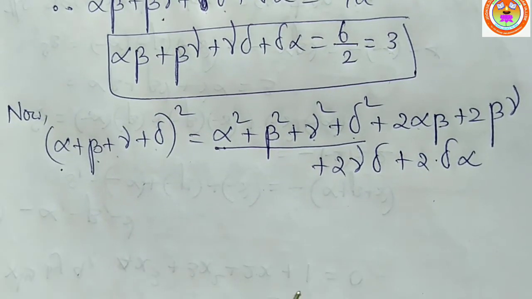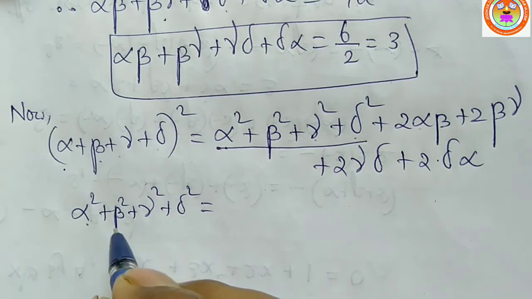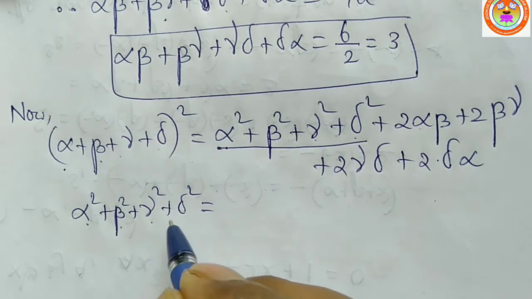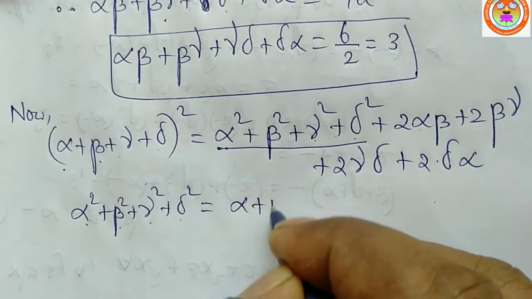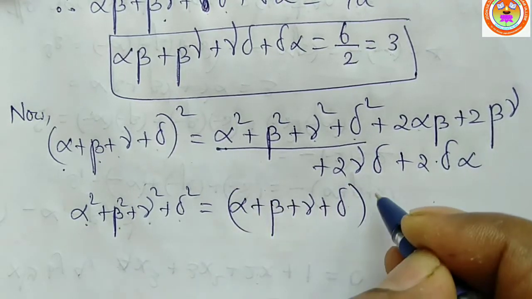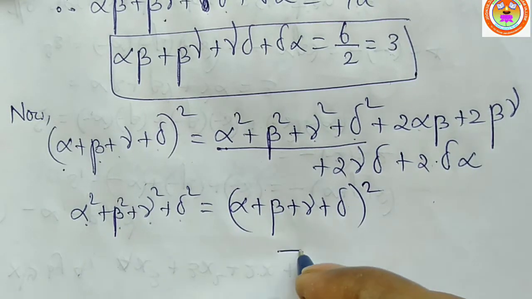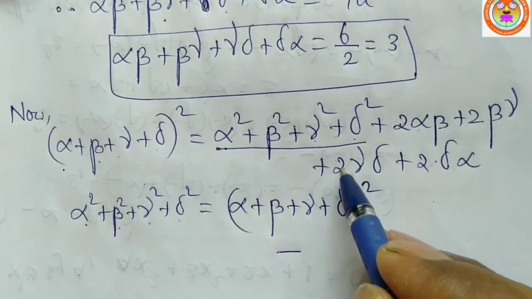So, if you are simplifying the terms, we get alpha square plus beta square plus gamma square plus delta square is equal to alpha plus beta plus gamma plus delta the whole square. Take these 3 terms in the left hand side minus, see each term contains 1, 2.